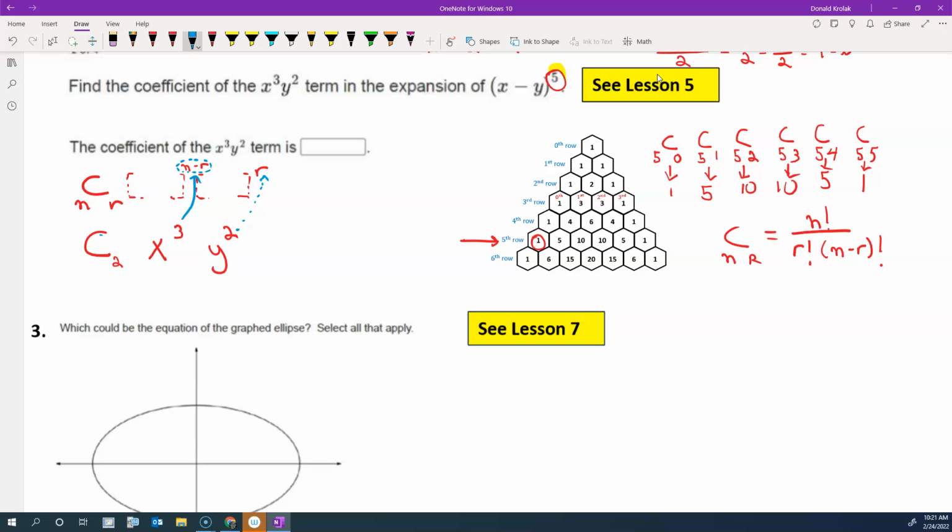So n has to be 5. So 5 choose 2 is 10. So the coefficient on that is 10.